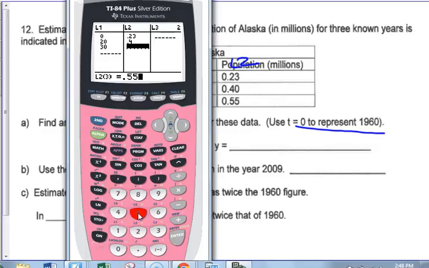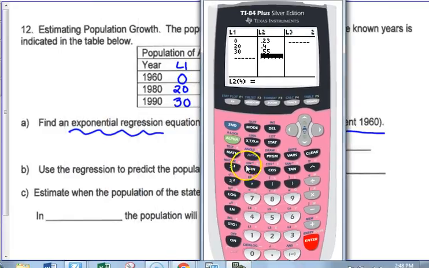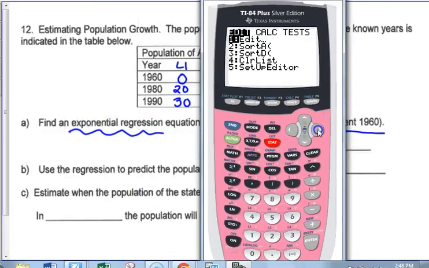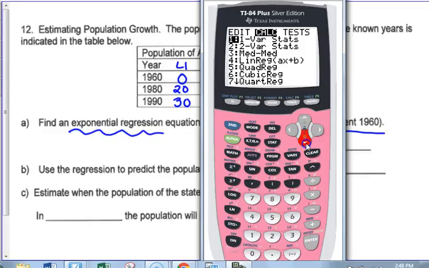Okay, then it doesn't ask us to even do a scatter plot or anything, so I'm not going to bother. It just says to find the exponential regression, doesn't it? Yeah. So that's stat, right arrow, and then you've got to scroll down far enough to find the one that says ExpReg.